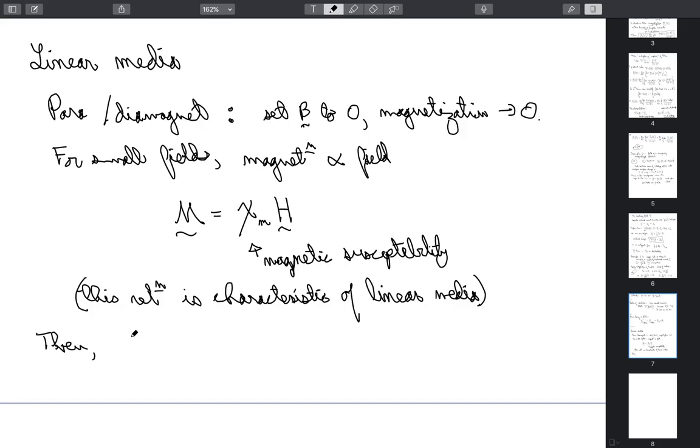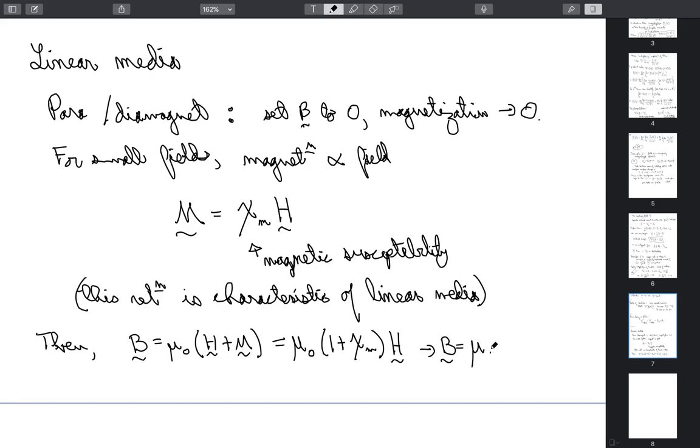So in that case, what you can write is the following. You know that B is equal to mu 0 times H plus M, just from the definition of H. And you can just write this as mu 0 times 1 plus the susceptibility times H. That just means that you write B as another constant, mu, times H. And this mu over mu 0 is just equal to 1 plus the susceptibility.